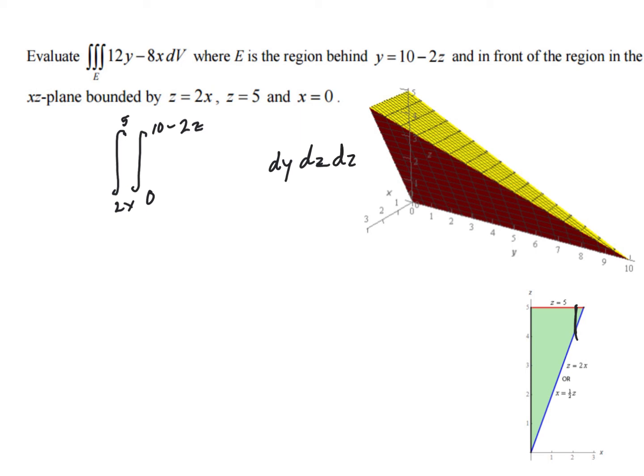And then dx, excuse me. So x goes from 0 to 5 halves, which isn't ideal to have fractions, but I'd rather have them at the end than at the beginning. So that would be your setup.